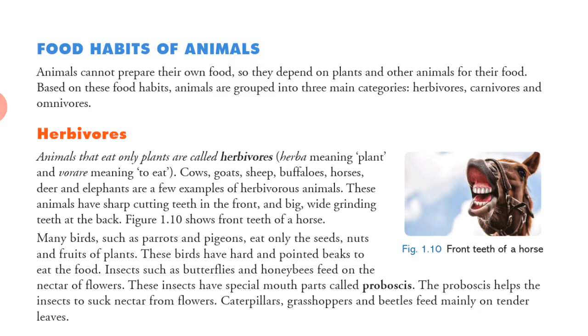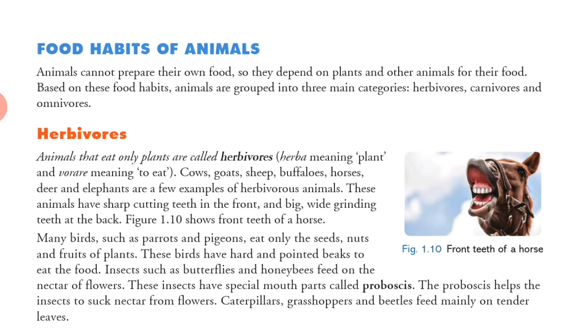These animals have sharp cutting teeth in the front and big, wide grinding teeth at the back. You can see in figure 1.10 the teeth of a horse.